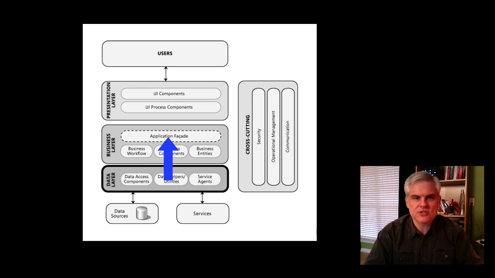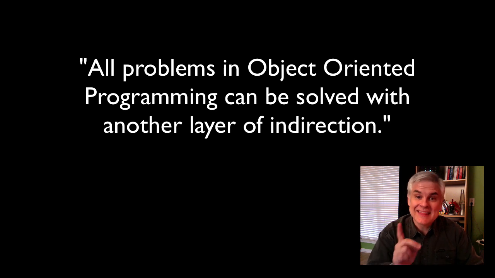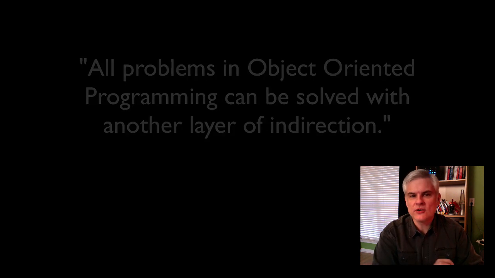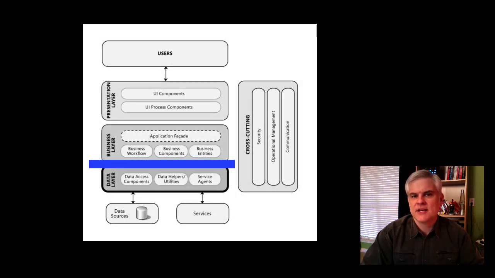So to accomplish this, remember that saying I used earlier in this series, all problems in object-oriented programming can be solved with another layer of indirection. In this case, we insert another layer. It's a tiny layer in the form of C# interfaces, and the interfaces become contracts.